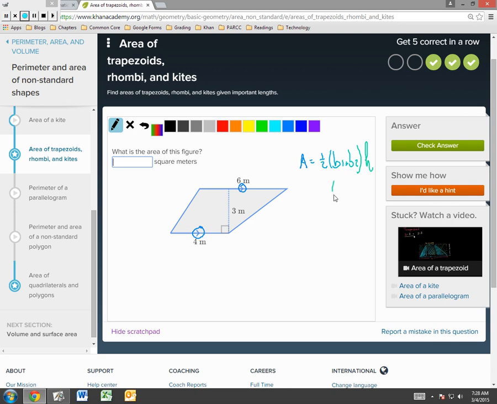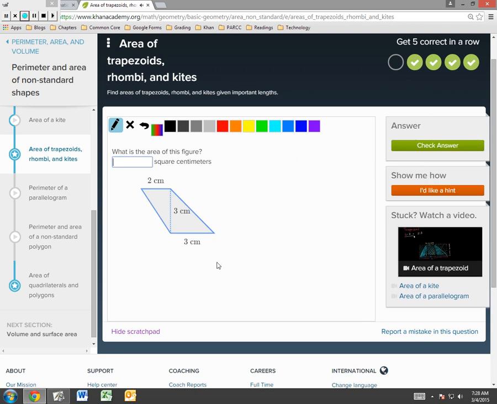I'm going to add 6 plus 4, which is 10. We times that by 1/2, and then times that by 3. Half of 10 gives me 5. 5 times 3 is 15, and we have 15 square meters.